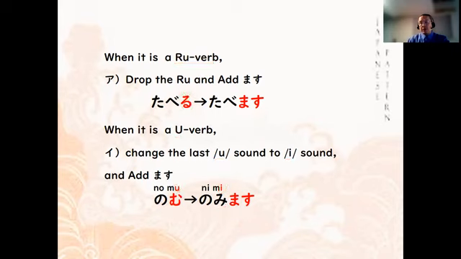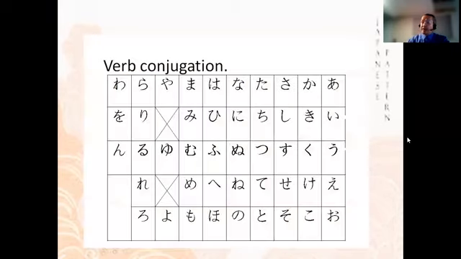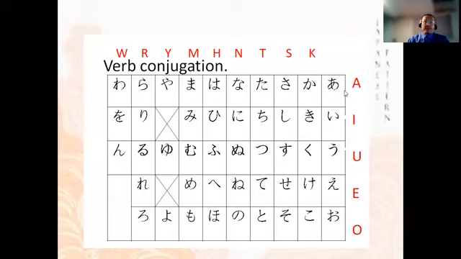Okay, so if you remember, at the beginning of the semester, I asked you guys to remember this chart, and now this chart will come in handy. Why? Here we have only five vowels in Japanese, a, i, u, e, o, right? And the a, ka, sa, ta, na, ha, ma, ya, ra, wa on top of it.